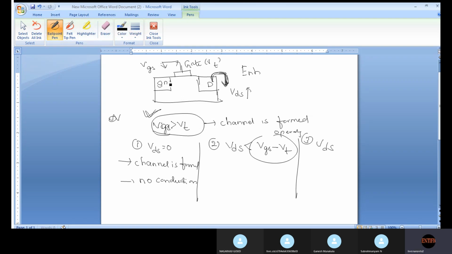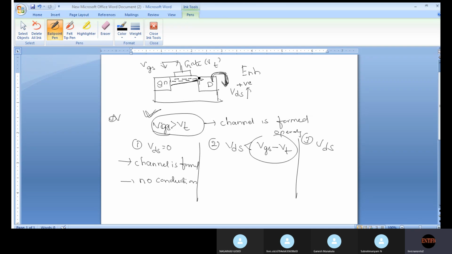Listen very clearly, this concept is important. There are negative charge carriers in this channel. Why will the channel become thin at the drain side? VDS is the positive voltage which you are giving, so the negative charges are attracted towards this positive voltage.